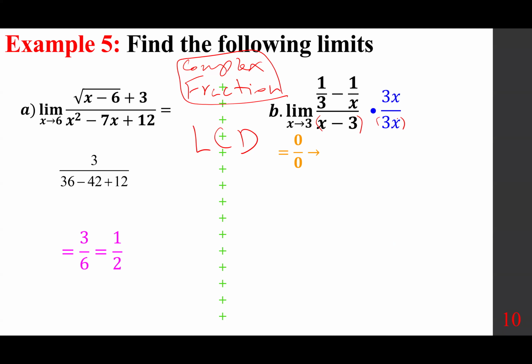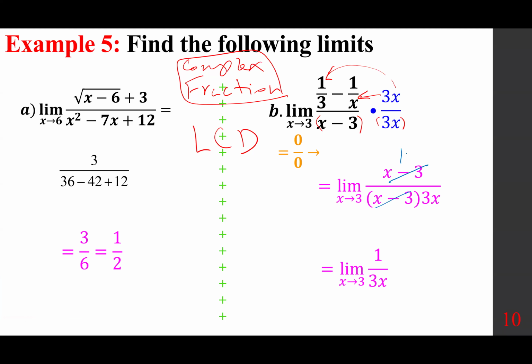We never distribute. We multiply these two, we get x. These two, we get minus 3. These two cancel each other. And now if we replace it, the limit becomes 1 over 9.